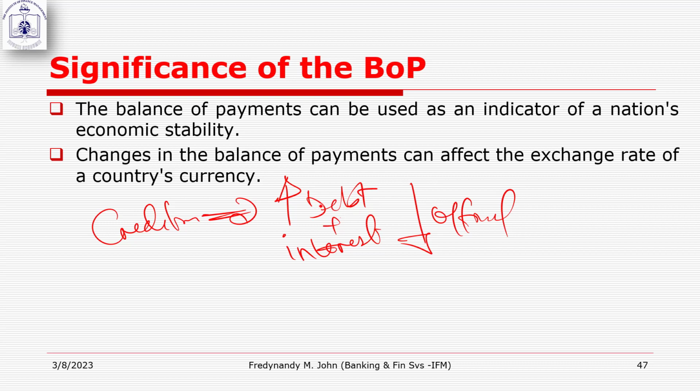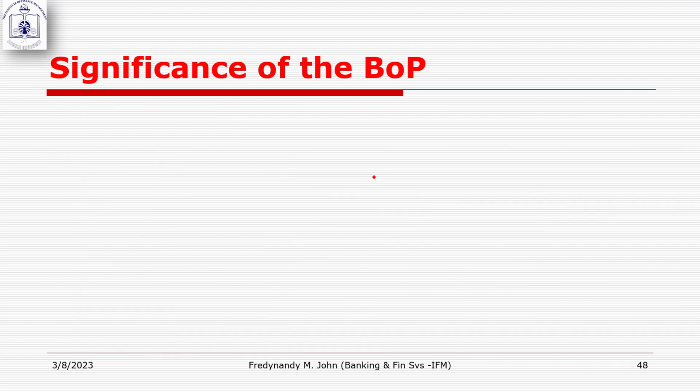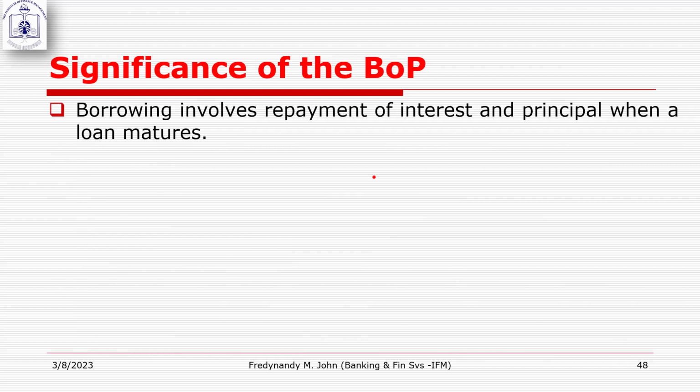So, increased borrowing will increase interest expenses. The significant decrease in the official reserve plus increased borrowing will jeopardize the position of your country at an international level, be it from an economic or political perspective. And it might even cause some uncertainties or some instability in the country.